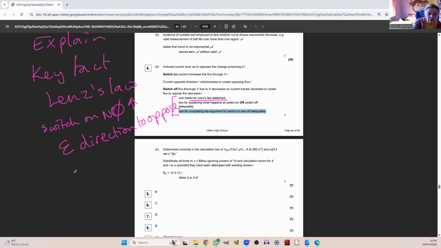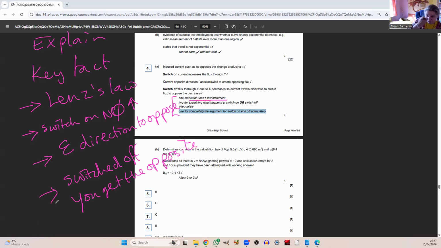So that's one mark, that's one mark, that's one mark. And then the final mark is for explaining that it's the opposite when it's switched off, because it's trying to stop the magnetic field from disappearing.